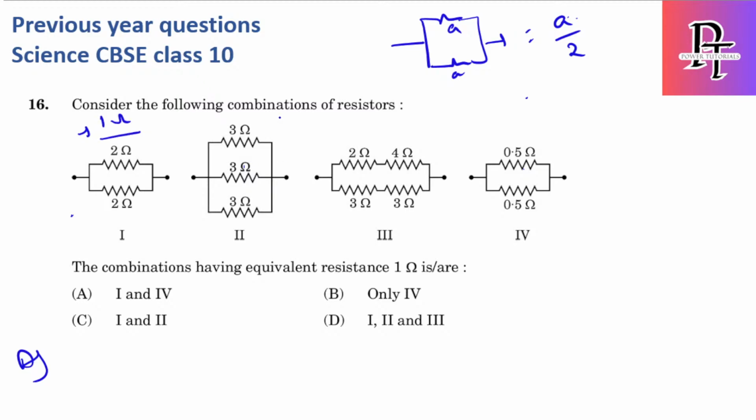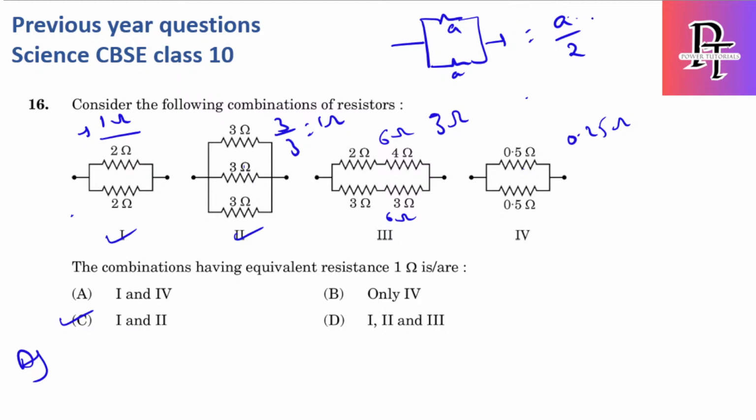Here it is 3, so it will be 3 by 3, which is again 1 ohm. This combination is 6 ohms because in series, and this is again 6 ohms, which is in series. 6 and 6 in parallel, so it will be 6 by 2, which is 3 ohms here. And here it is 0.5 and 0.5, 0.5 by 2, which is 0.25 ohm. So the one which gives 1 ohm is this one and this one, which is 1 and 2. C is the right answer.